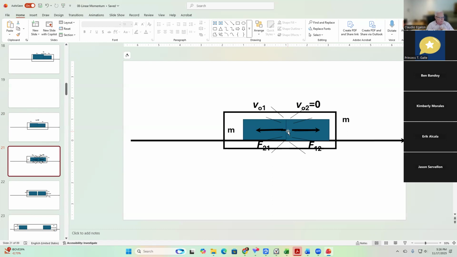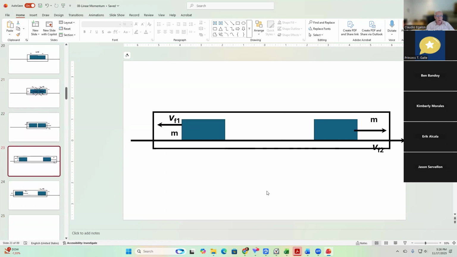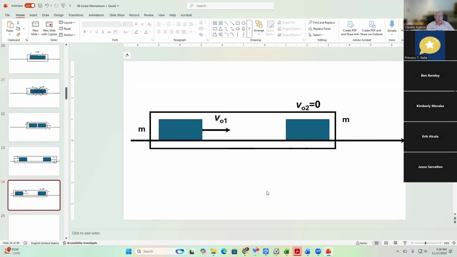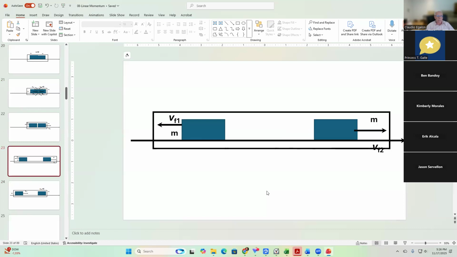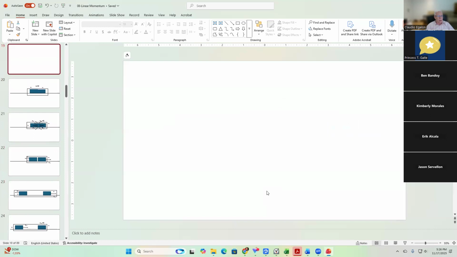The objects are joined by a spring that's loaded, and somehow there is a trigger that releases the spring, and the two objects fly away. Okay? That's one way of looking at that. One applies a force on two, two applies a force on one, and then they fly away from each other. That's what I call an explosion. Final velocity of one, final velocity of two. And the same principle can be used in this case.